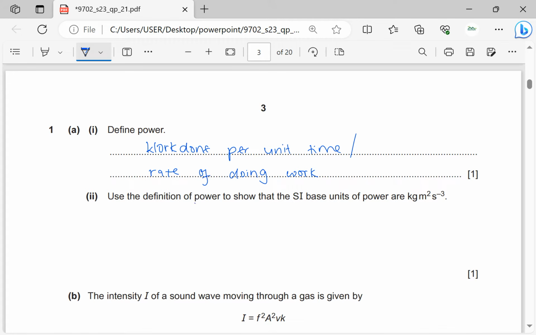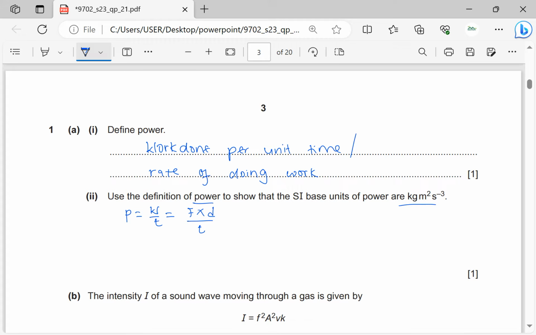Use the definition of power to show that the SI base units of power are kilogram meters squared per second cubed. So we have already seen that power is the rate at which work is done. And of course we know that work done is force times distance in the direction of the force, then divided by time. We know that force is mass times acceleration.